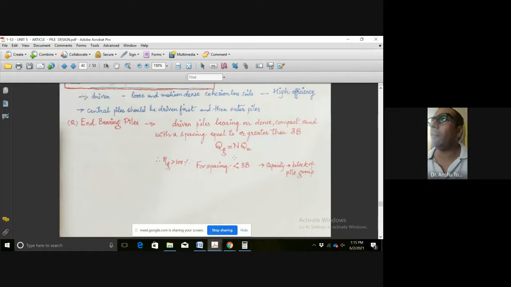We can say it can never be exactly equal, but it will be very close to the capacity evaluated as QG, that is group of the piles.